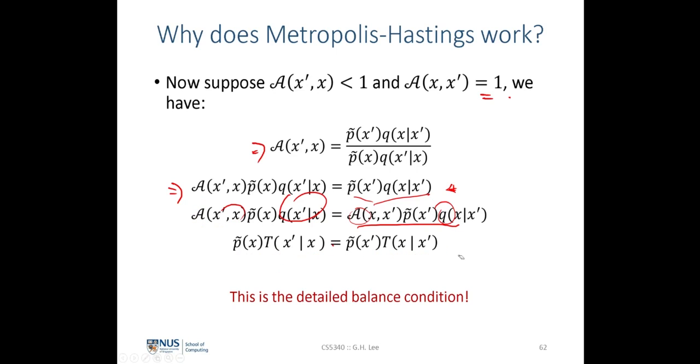This is exactly the detailed balance condition, where we write the unnormalized probability of a as pi of a, and the transition probability as T_ab, which brings us from the current state to the next state, and this is equal to pi of b multiplied by T_ba. This is exactly what we saw earlier as the detailed balance condition.